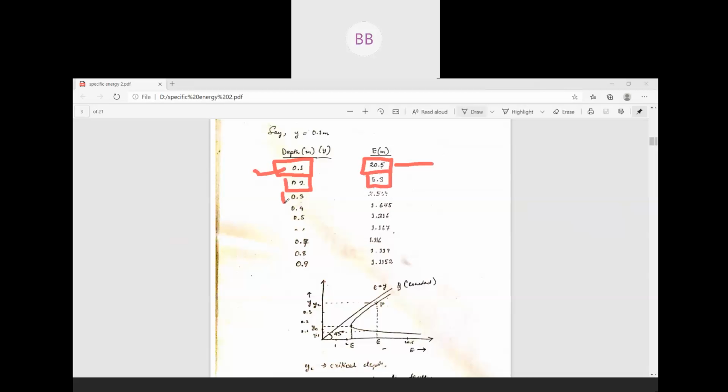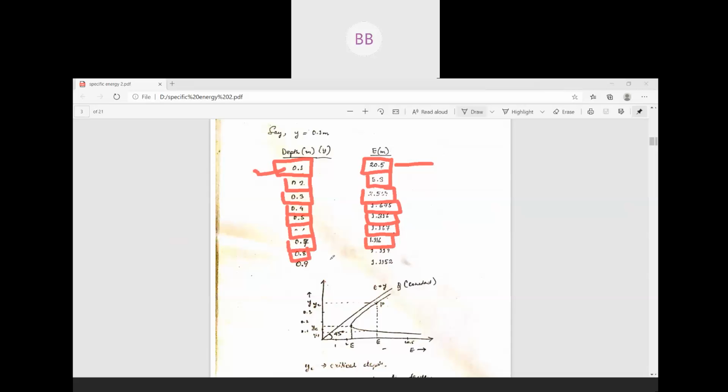Again you have increased, again your specific energy reduced. Then at 0.6, again it got reduced. 0.7, again reduced.